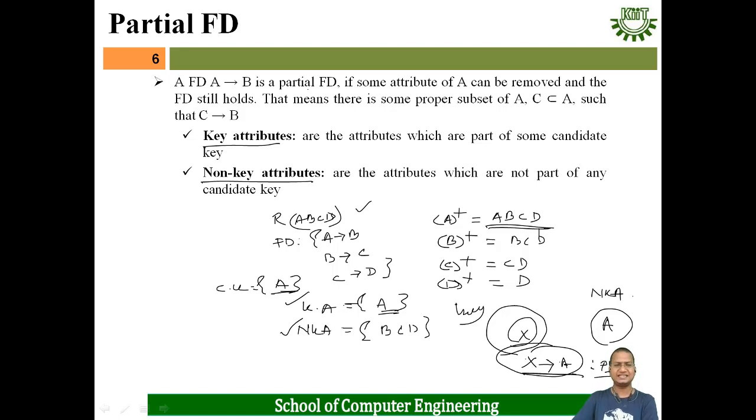But in this case, is there any partial dependency present? No, because A is the only attribute which is the key attribute. When only a single attribute is a key attribute, then partial dependency cannot be present, because whenever we take A determining something, this is the full key determining a non-key attribute. This is not a partial dependency. Okay, this thing you have to remember.